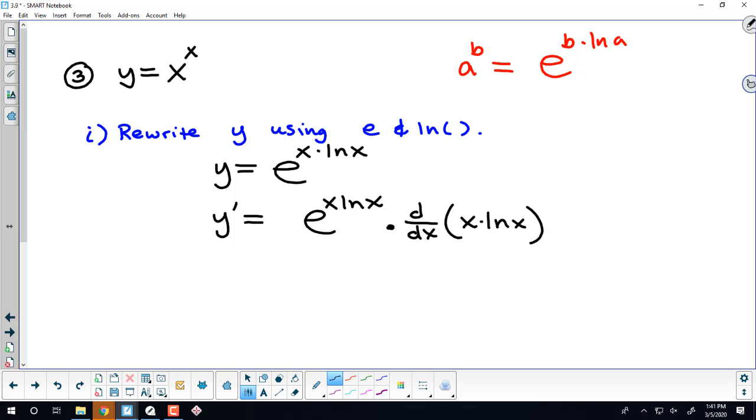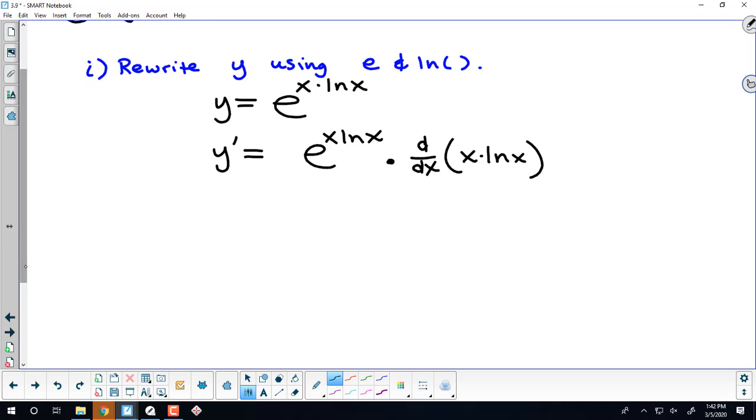Some people just aren't a fan of that notation. So whatever you need to write to indicate to yourself that you have to take the derivative, maybe you can just put a prime out here or something. It's not a technical notation, so you might get in trouble later on in math. But if you don't like this notation, just find something else that works for you to indicate, hey, I still have to take the derivative of that thing.